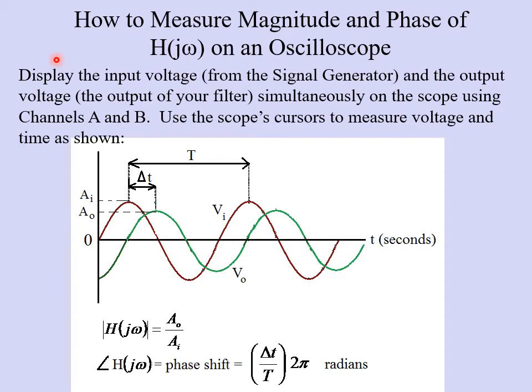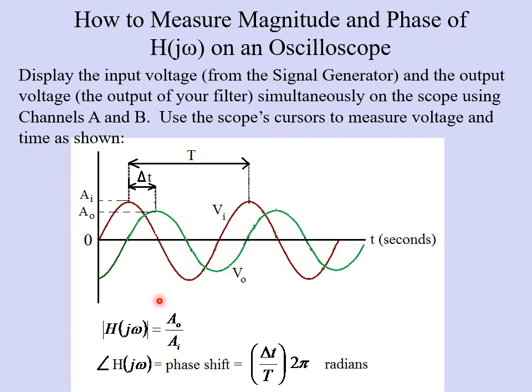So for magnitude, let's say this brown curve here is the input signal that you're putting into your filter from a signal generator. You're going to do this in your project. On channel A, you would measure the input voltage going into your filter. And then on channel B of the oscilloscope, you're going to measure the output voltage. That's here, V out, in green.